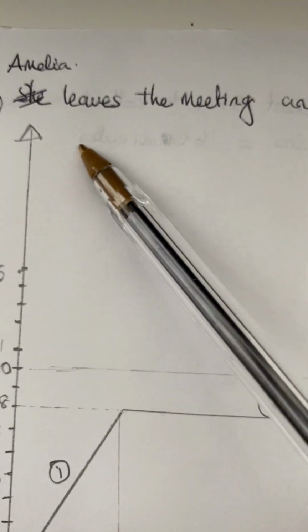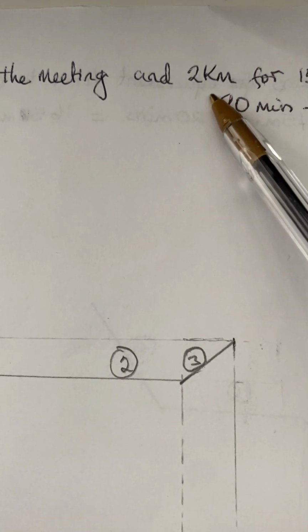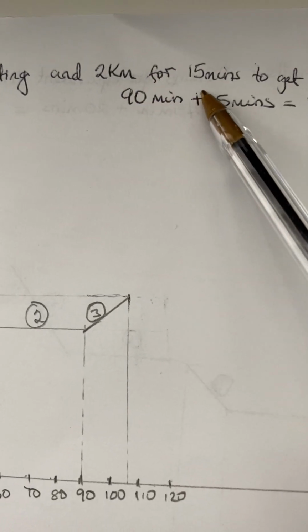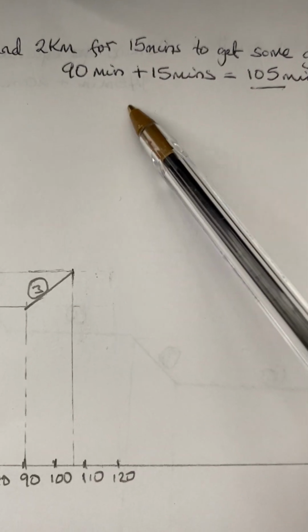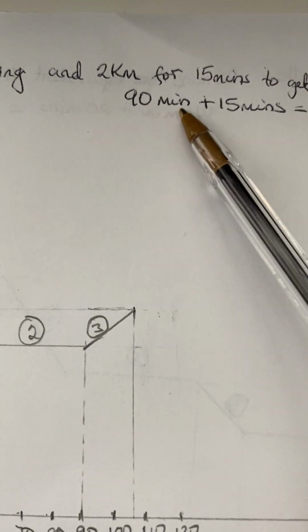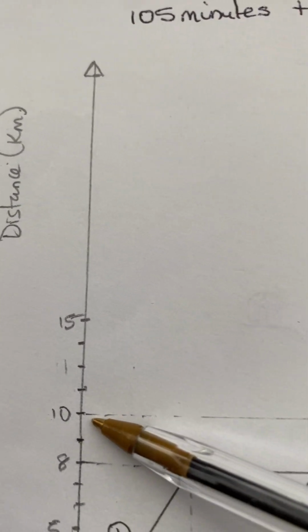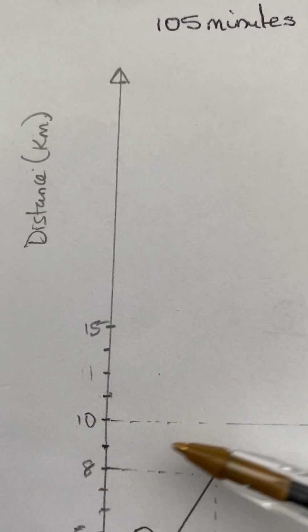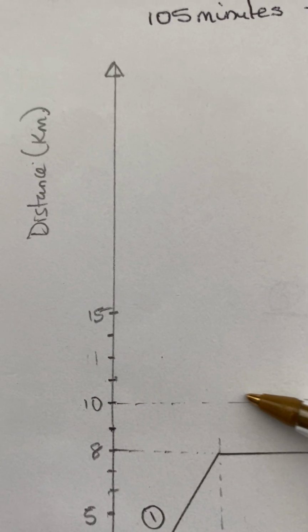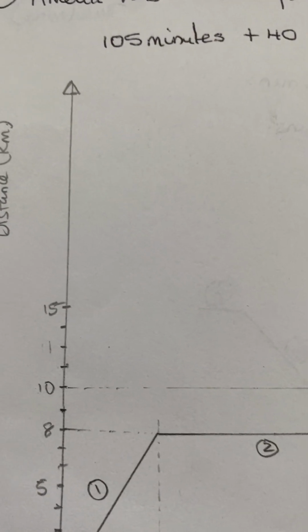Now, if you add 2 kilometers to the 8 kilometers she's done, she's now at 10 kilometers. So from 10 kilometers, she's going to travel 15 minutes.